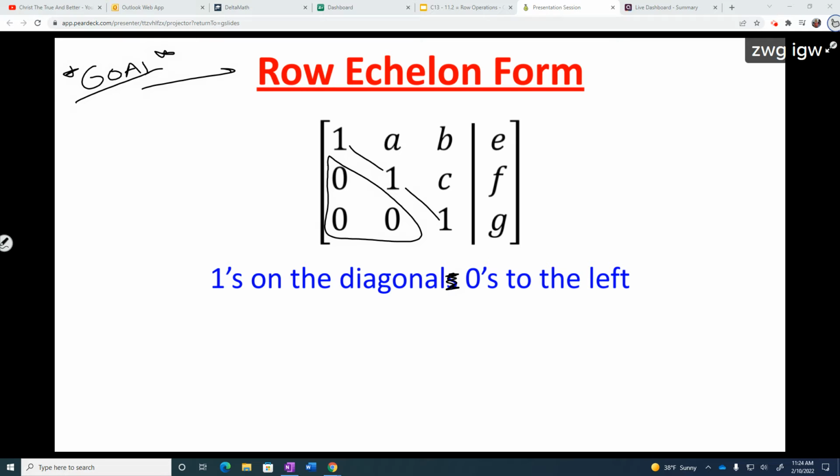That's what we're going to be trying to achieve today and tomorrow, and Monday too. So our goal is to make these numbers 1s and these numbers 0s. If we've done that, that's called row echelon form.